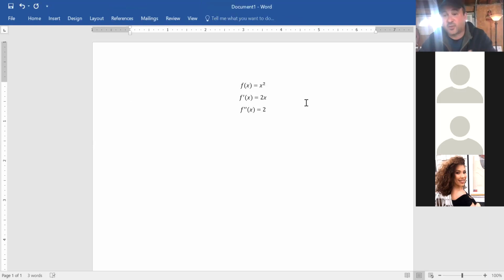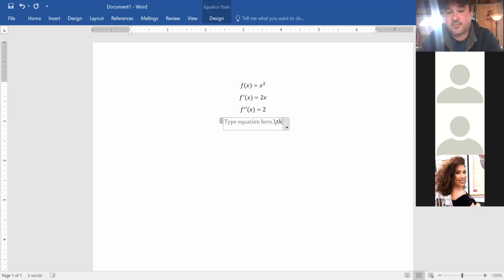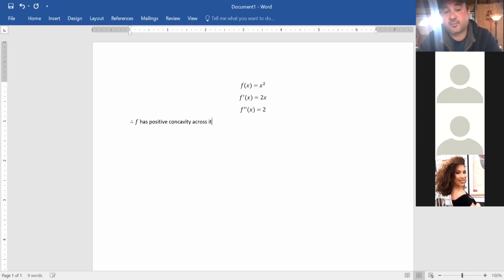This derivative, because it's just 2, is always positive. Therefore, f has positive concavity across its domain and no point of inflection. It's a fact. This is always positive, bam. If this was always negative, same thing, except it would be negative concavity.